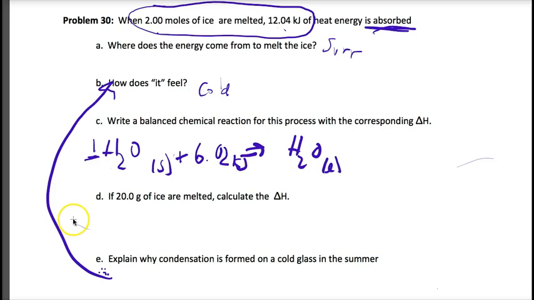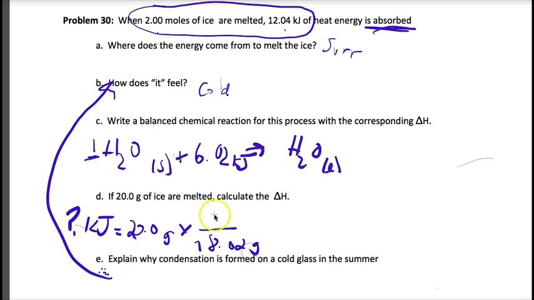Okay, let's see how you did. So how many kilojoules are equal to 20.0 grams of ice? Grams, periodic table, 18.02 grams is in 1 mole. And then 1 mole we said was 6.02 kilojoules. And notice it is a positive 6.02 kilojoules.